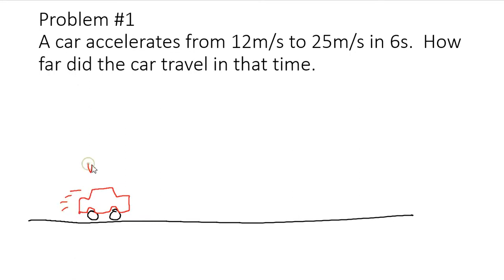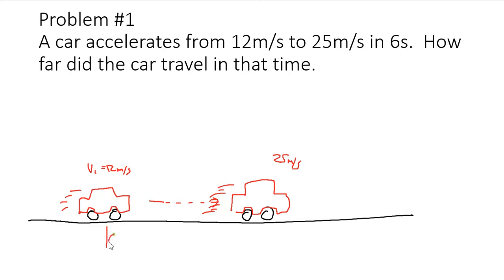And it started at 12 meters per second. It moved along. Later on in time, 6 seconds later, it's over here. And it's now going 25 meters per second. So there's my diagram.